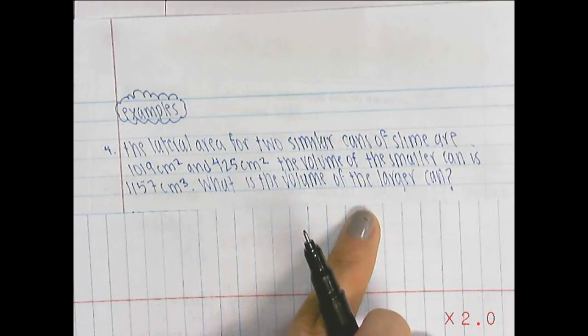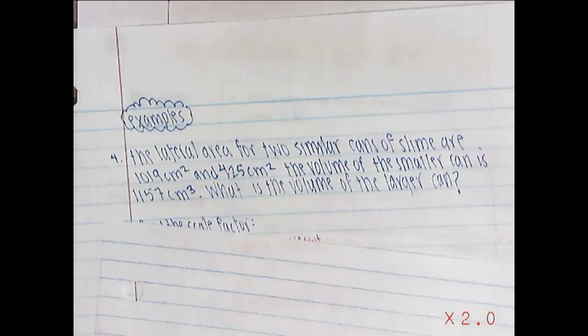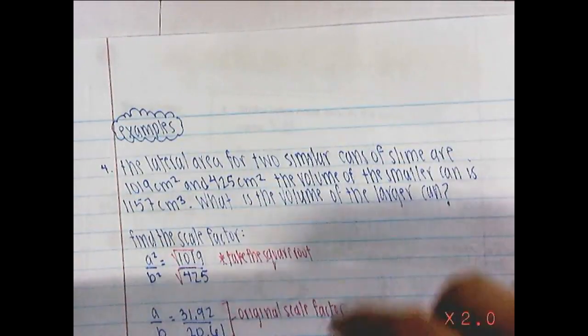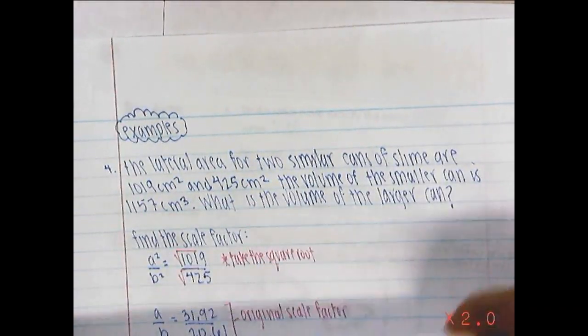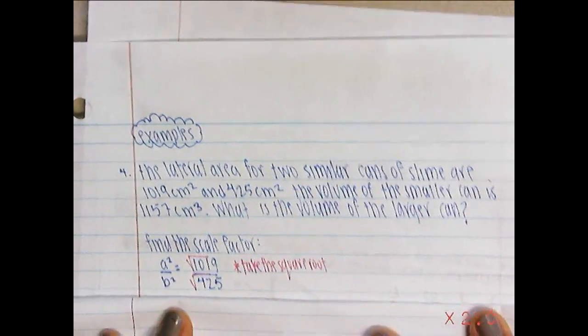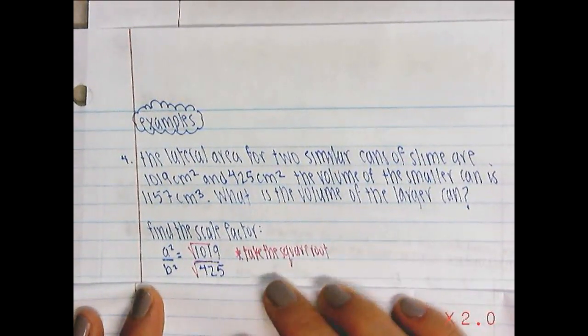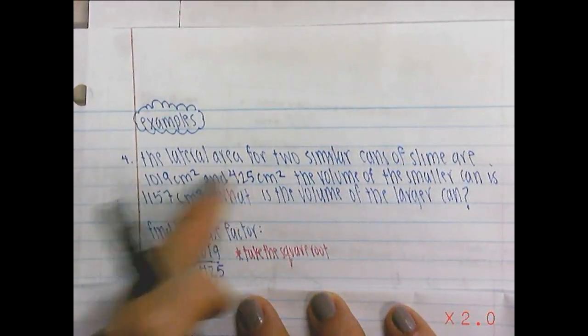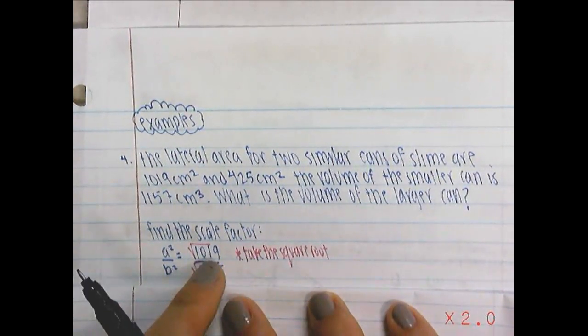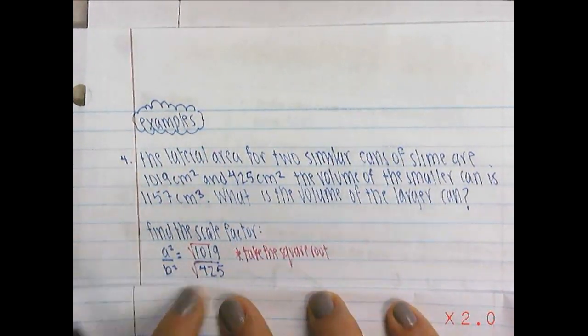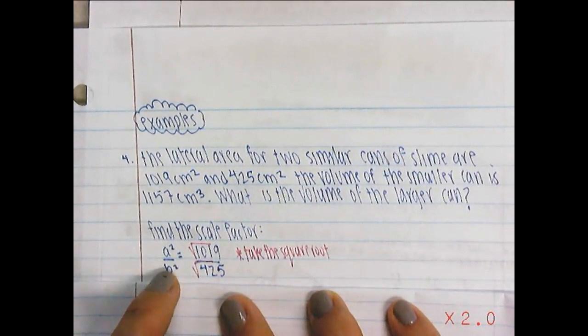All right, so what we're going to do is go ahead and set up our scale factors. So we're going to take the first two that they actually gave us, the two to compare, 1,019 and 425. And then remember, if we're talking area, it's always squared.